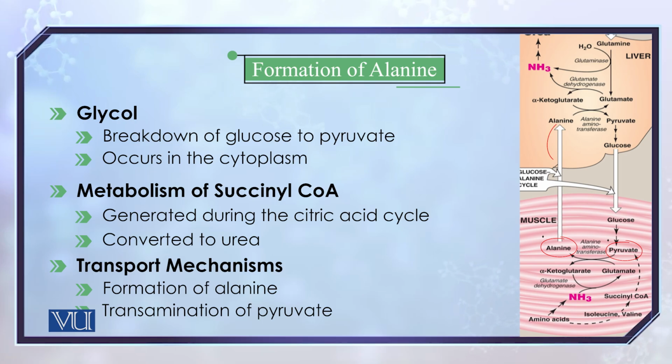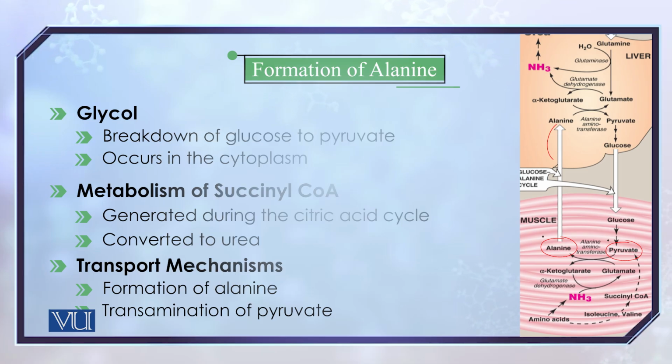Then alanine, through alanine aminotransferase, is converted into glutamate, and then glutamate through the activity of glutamate dehydrogenase is converted to ammonia, and the ammonia is excreted in the form of urea because of the urea cycle. So in this way, alanine is also used here along with glutamine for the very safe transportation of ammonia towards the liver.